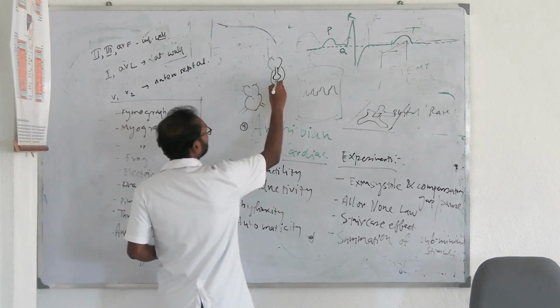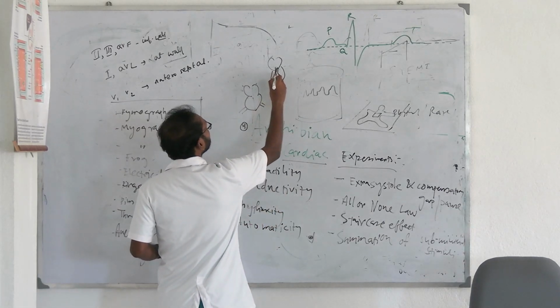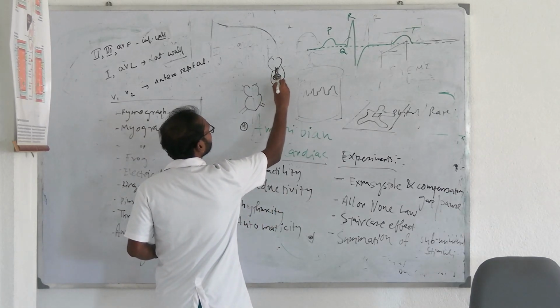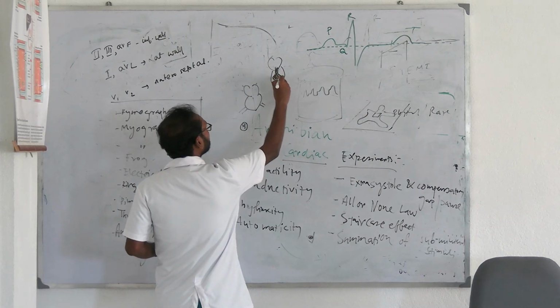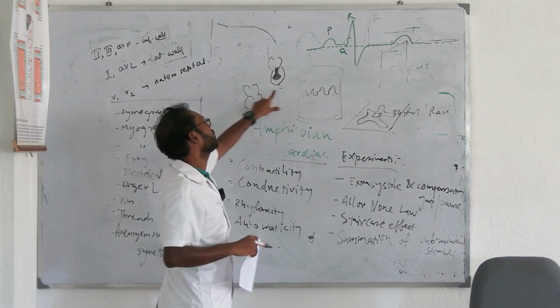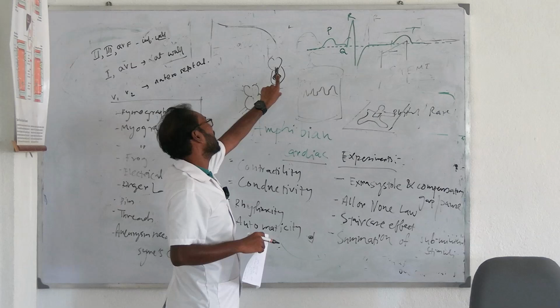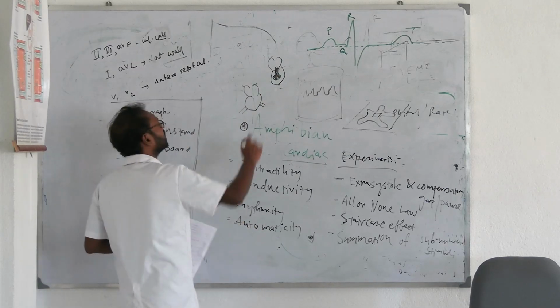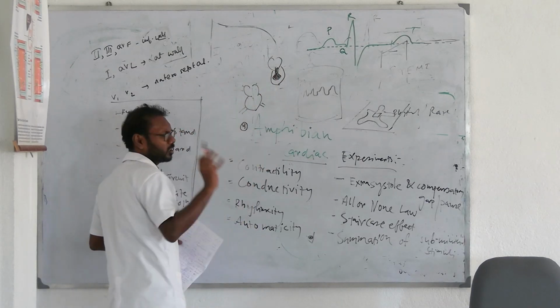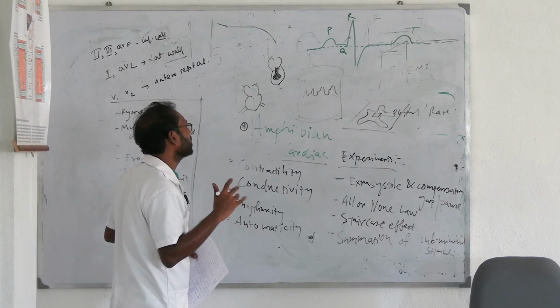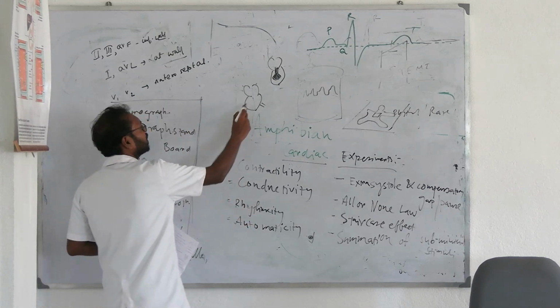All the stimuli are produced from this sinus venosus. And there is only 1 ventricle and 2 atria. So this is the basic frog heart structure, very common and very simple, not like our human heart.